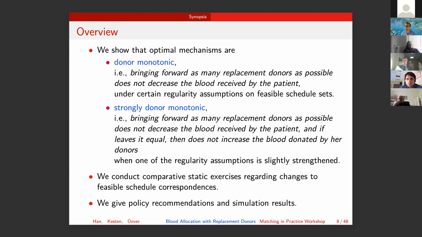So this is what I mean by exchange rate, where if you bring 2 donors for 1 unit received, I will call that a 2-for-1 exchange rate, but that's a fixed rate. But there are certain ones which are different than this, which I will talk about. So in a nutshell, that's what it is.